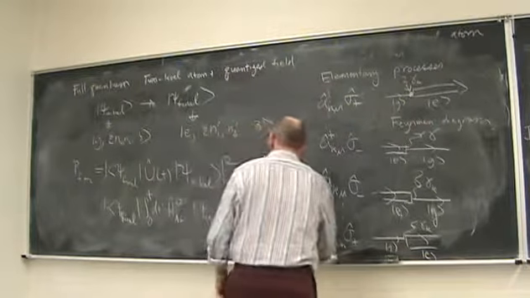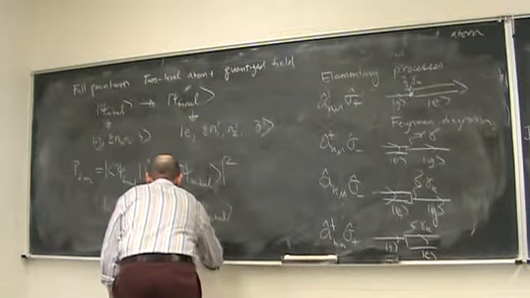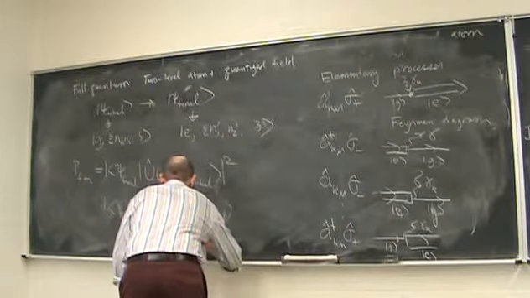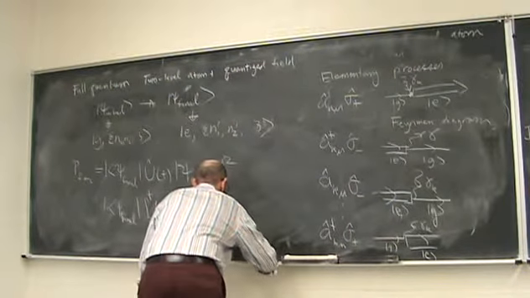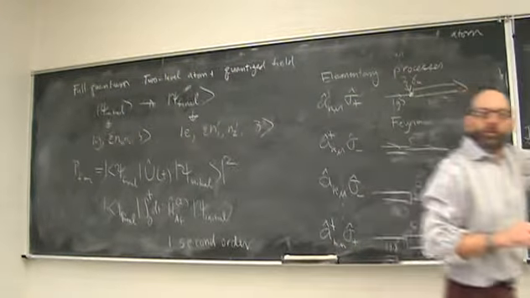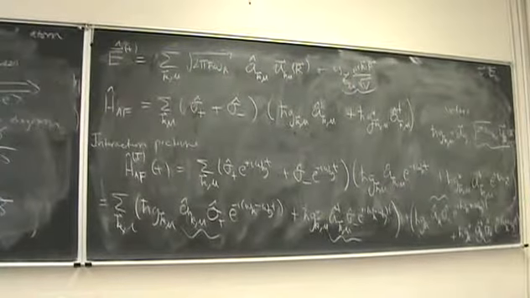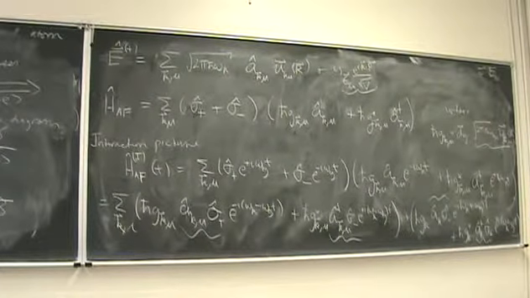And then we have second order terms, which will involve two integrals of the Hamiltonian, just like we had before, right? And then we square it.